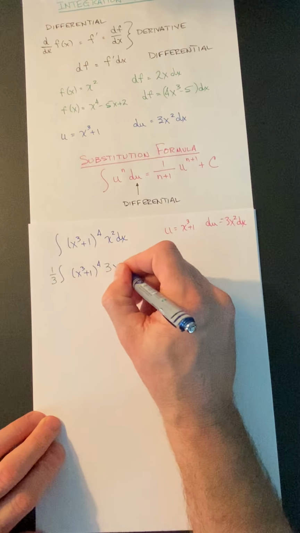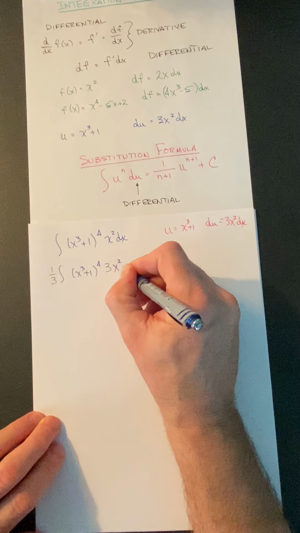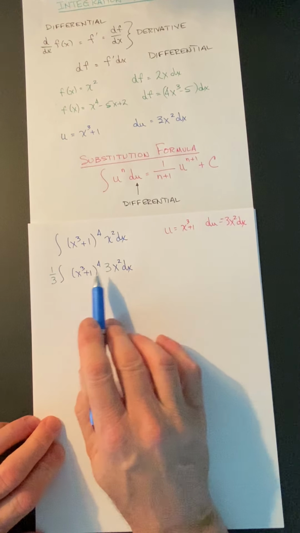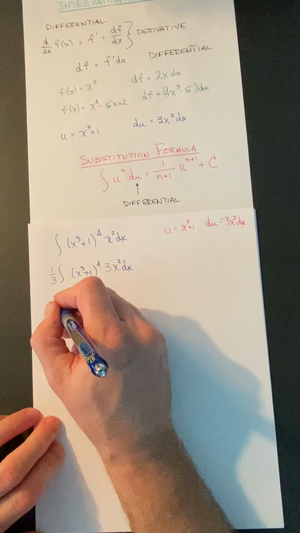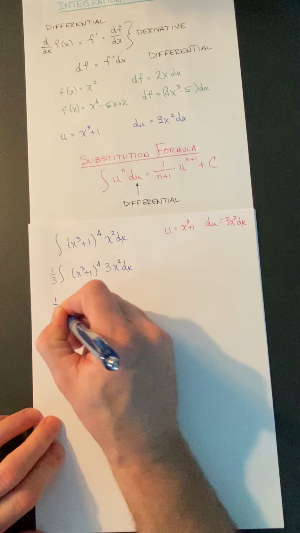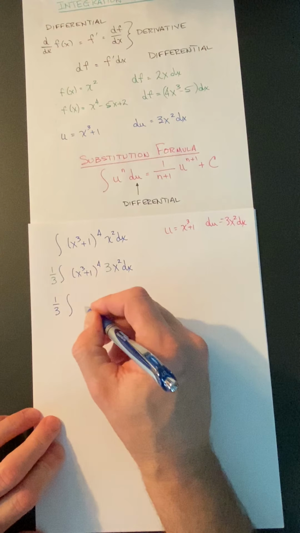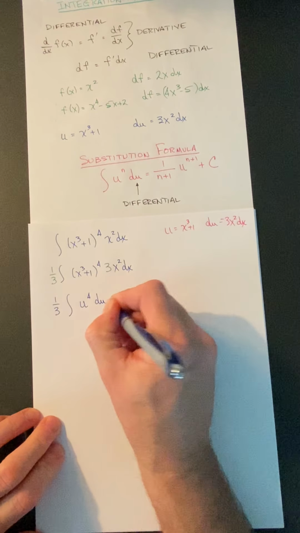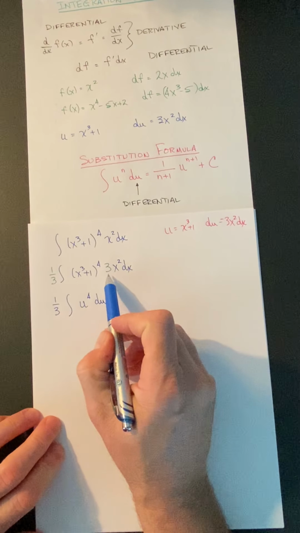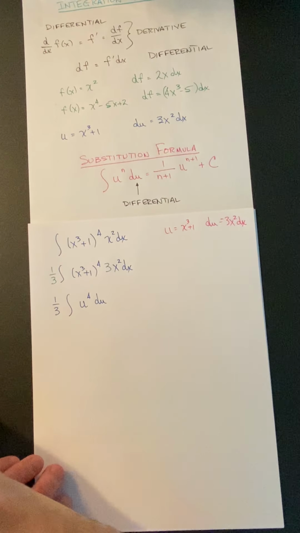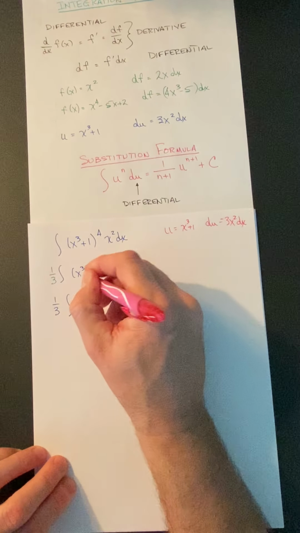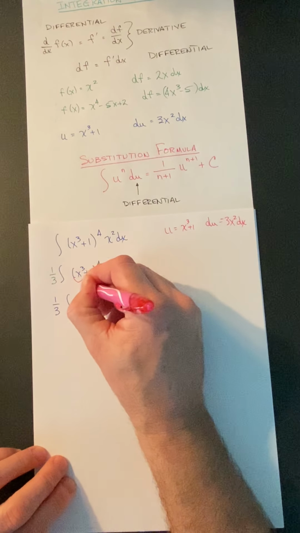And then this will be x squared, bringing the x squared down, dx. So with this inside and outside, I've still got a 1, but now I've got the integral of what? U to the 4th du, don't I? Here's my du, and here is my u.